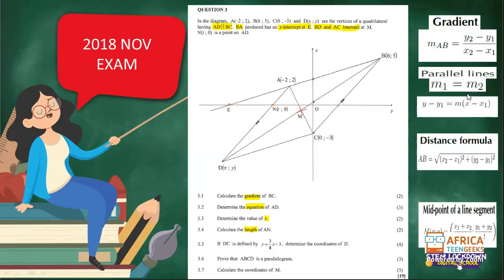Okay, so from yesterday, we calculated the gradient. We were supposed to calculate the gradient of BC, okay?